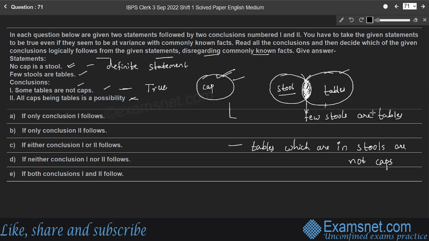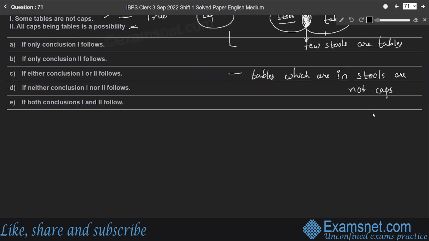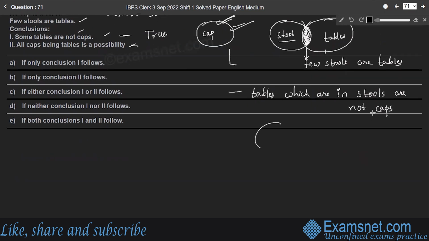Second statement: all caps being tables is a possibility. Here, all caps in the table. I just draw the diagram as here is a stool and a few stools are tables, right?